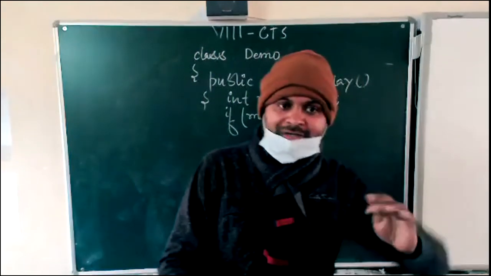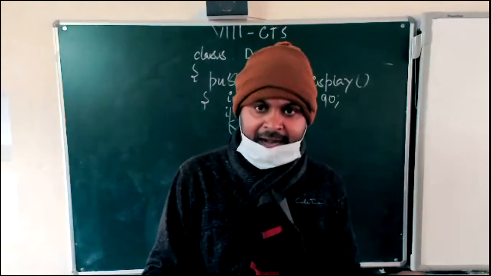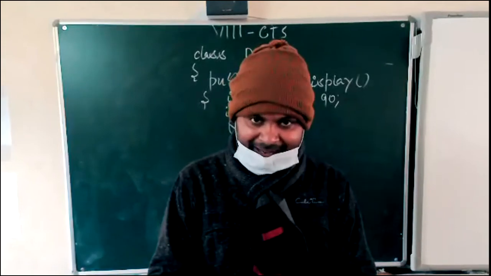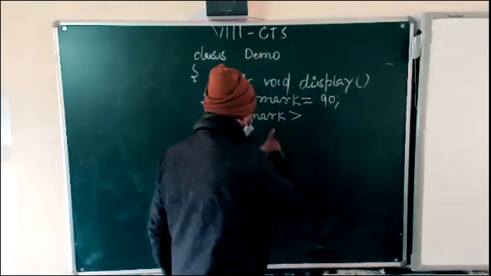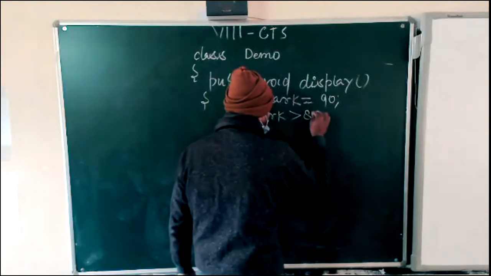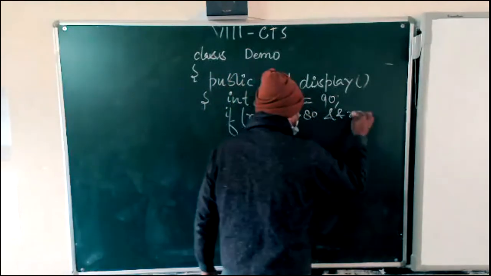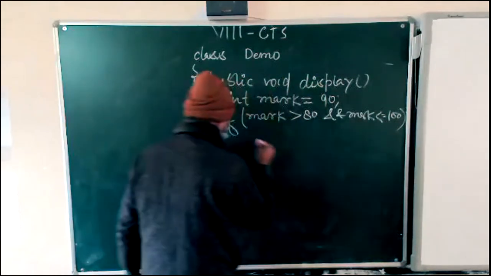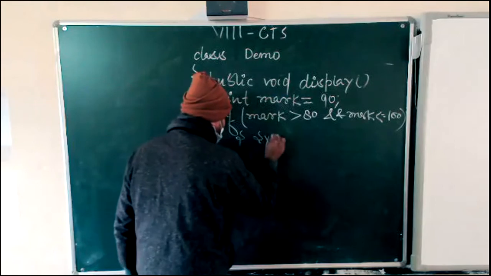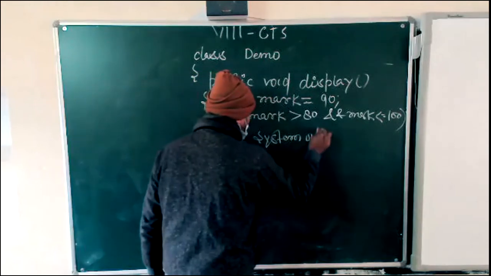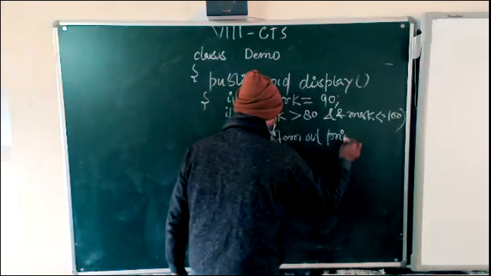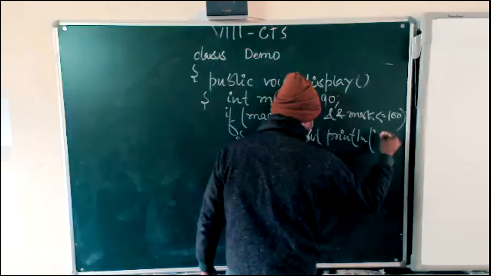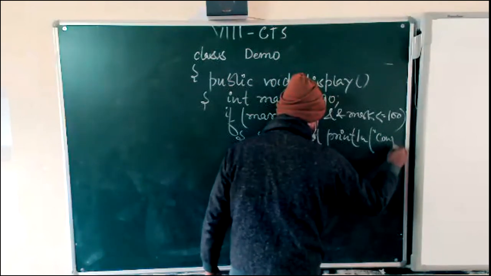Suppose somebody got above 80 and less than or equal to 100, then that will be grade A, and else grade B. So if the mark is greater than 80 and mark is less than or equal to 100, then we print System.out.println("Congrats").